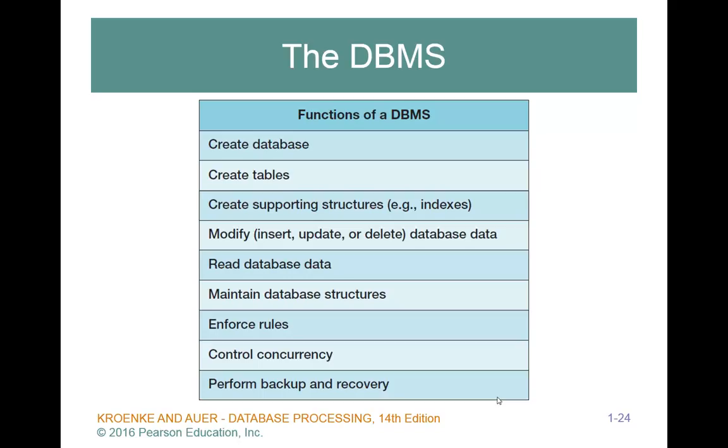Concurrency and backup and recovery are kind of self-explanatory in regards to how the database management system uses them, but obviously backup and recovery is a huge part of security in the case of any type of disaster or data loss, helping us recover from data loss from any type of significant event. So these are just some of the basic, most common functions of a database management system.